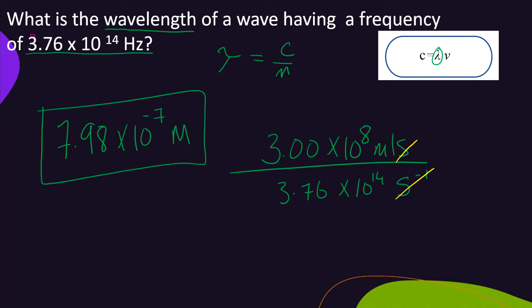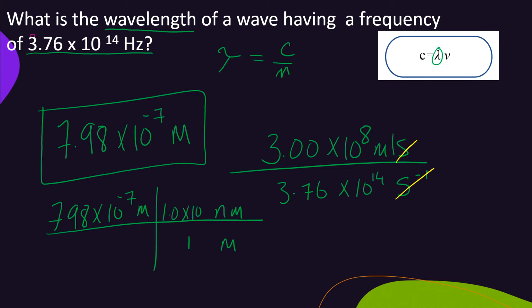Now, if you were asked to convert this into nanometers, make sure that you would take your meters. So you take your 7.98 times 10 to the negative 7 meters, and you would convert that into nanometers. And 1 meter, because again you're always placing your 1 beside the larger value, is equal to 1.0 times 10 to the 9th power.